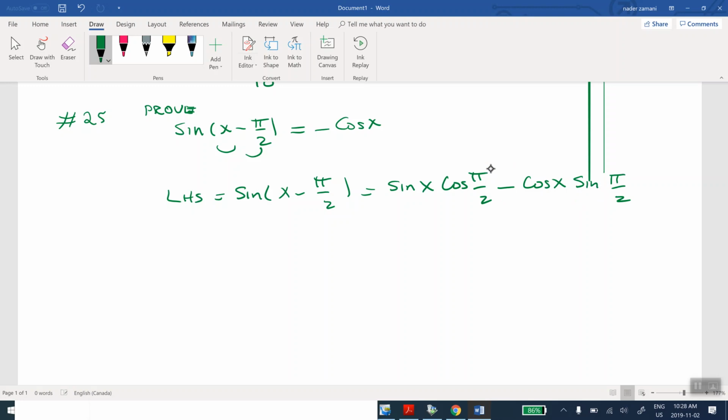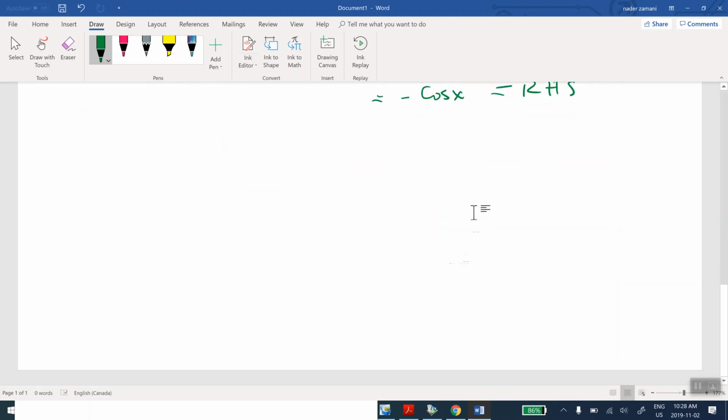Now, this is 0, this is 1, and this is minus cosine of x. Notice that this is your right-hand side.